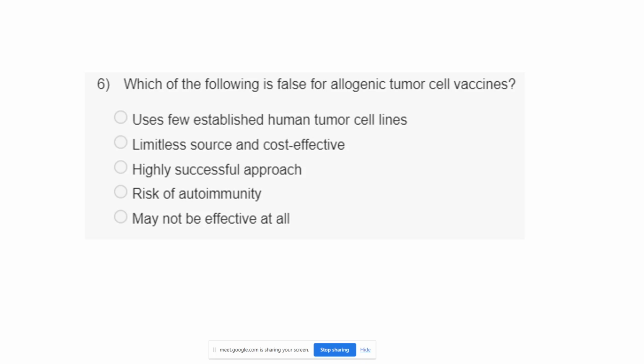Which of the following is false for allogenic tumor cell vaccines? Ma'am, first option, I think. Okay.